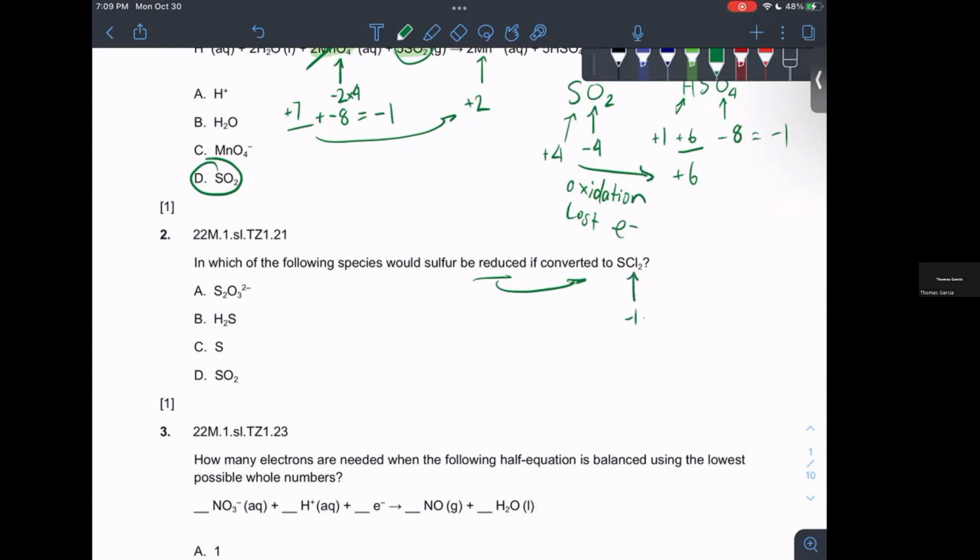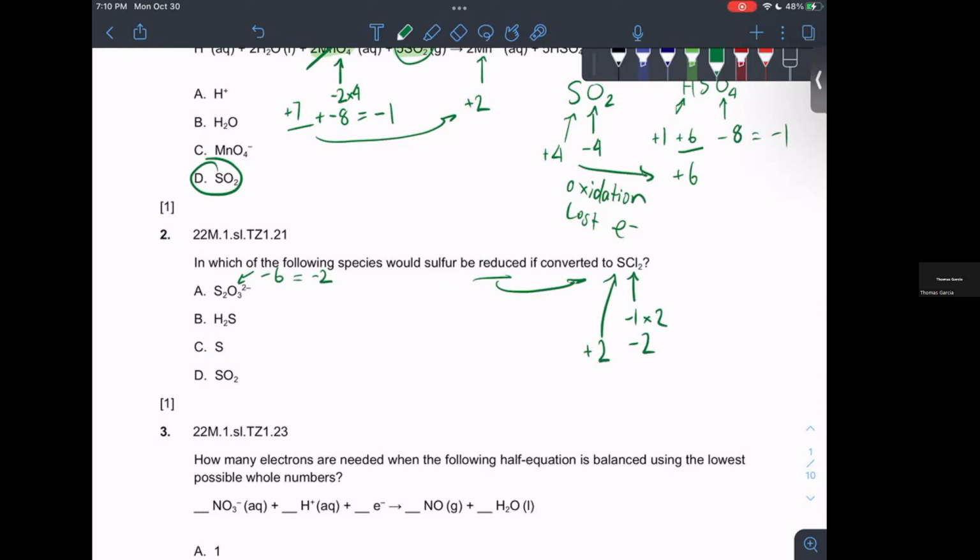Chlorine is -1 times 2, that's a -2. Sulfur becomes +2. So which one of these is going to be reduced, meaning go down in charge? So let's just go through each one. In S2O3 2 minus, O3 contributes a -6. It ends up being equal to -2.